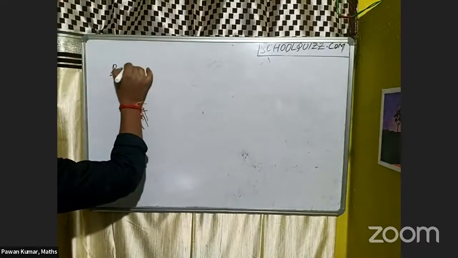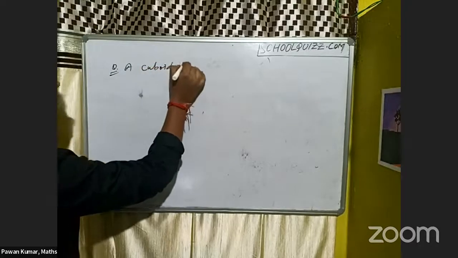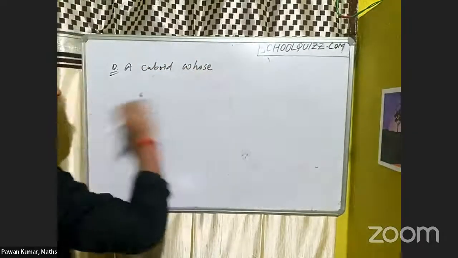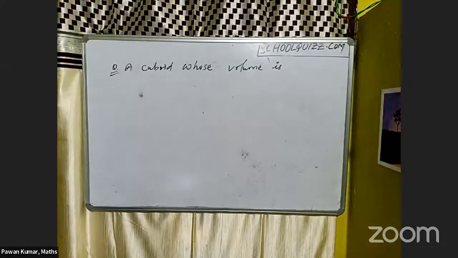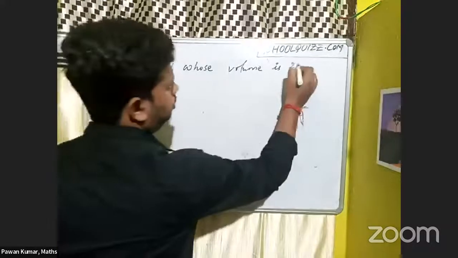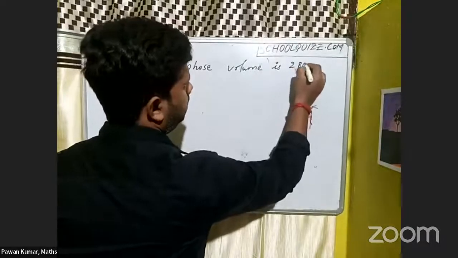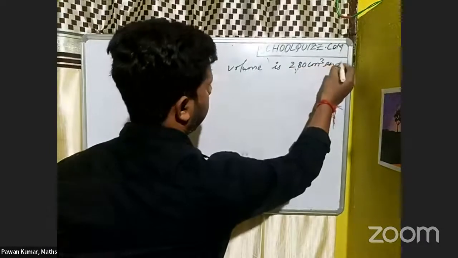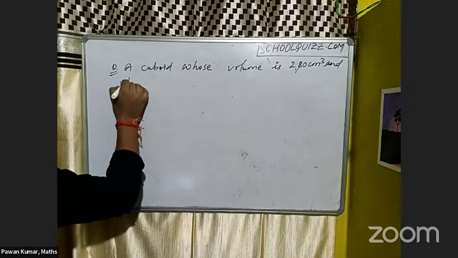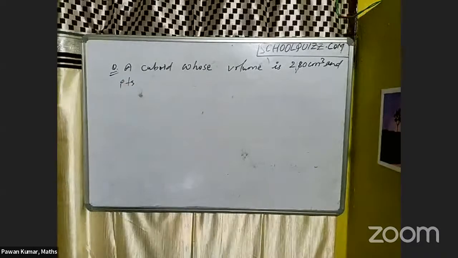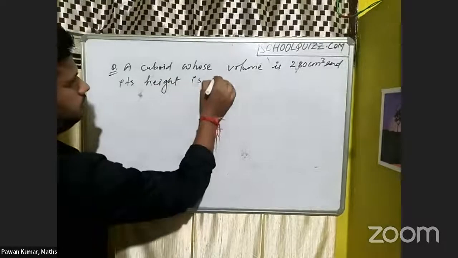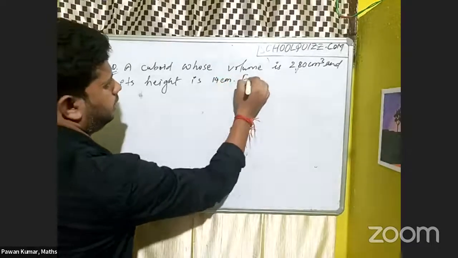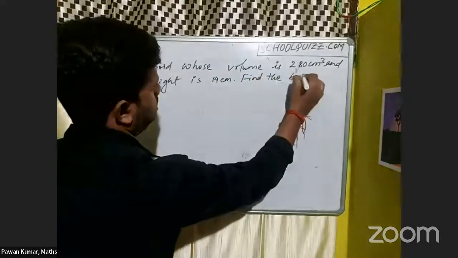Write the question: a cuboid whose volume is 280 centimeter cube, and its height is 14 centimeter. Find the base area.